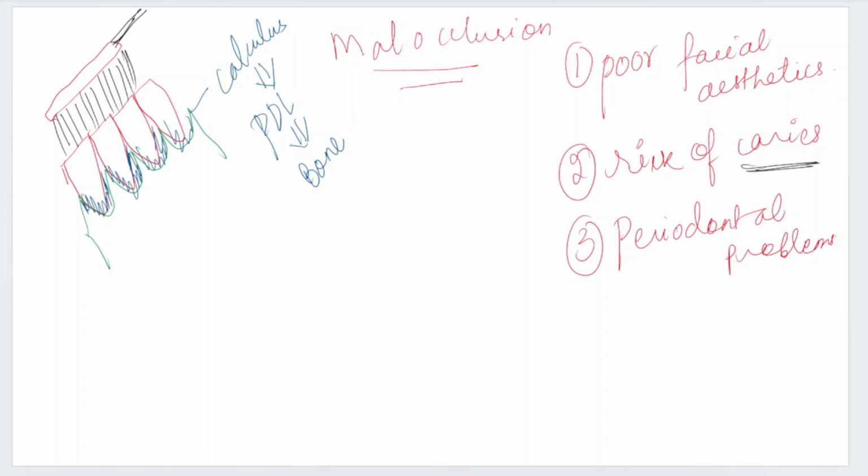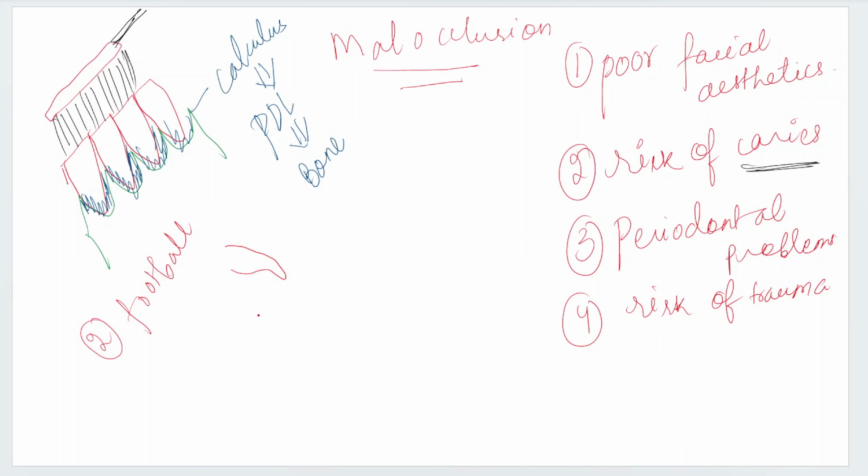Next will be risk of trauma. Now imagine two boys playing football. One has a very forwardly placed tooth. I'll try to show. These are the lower incisors.